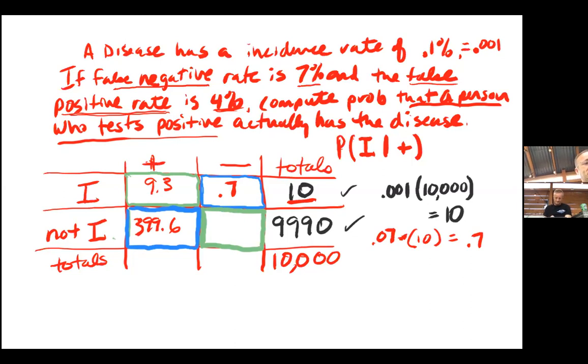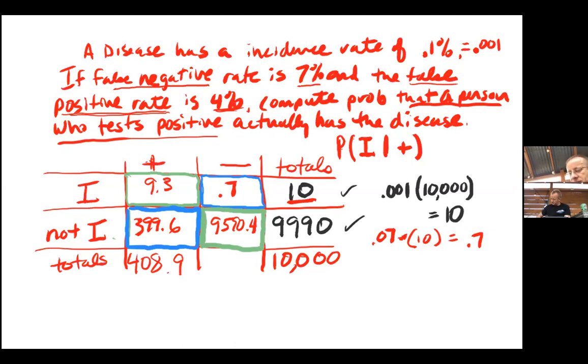So, and then if we subtract 399.6 from 9,990, we have the other number here, which is 9,590.4 that don't have the disease and will get the proper results back, which is a negative result. All right, if we add these going down, we want to get the totals for these columns as well. So this would be 408.9, I believe is correct.